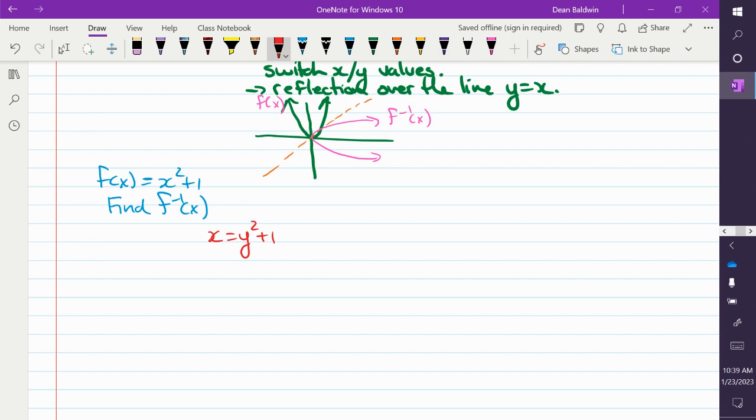Then what do you do? Subtract 1. X minus 1 is equal to y squared, and then you square root it, so y is equal to plus or minus root x minus 1. Don't forget the plus or minus. If you're introducing a square root, you have to account for the negative. You can check your answers afterwards and see if one of them doesn't make sense. You can throw it out, but you need to account for it.